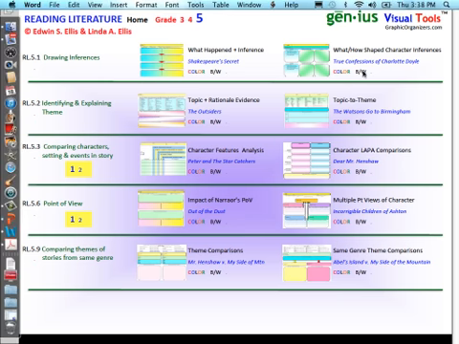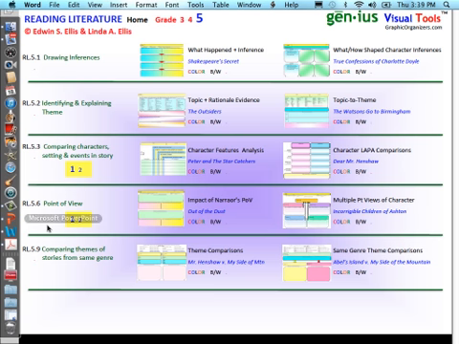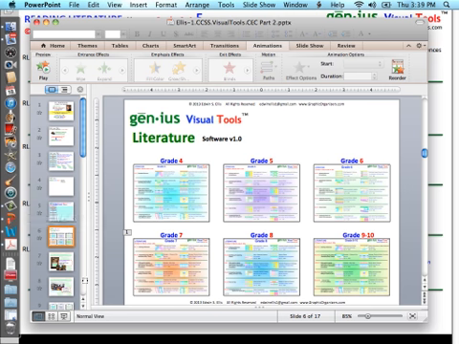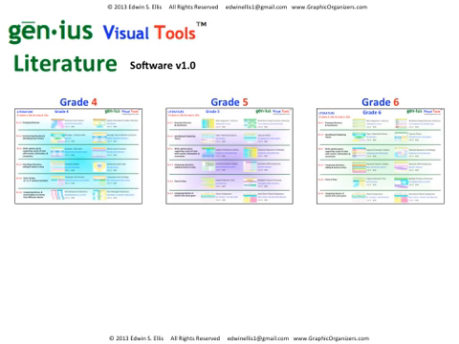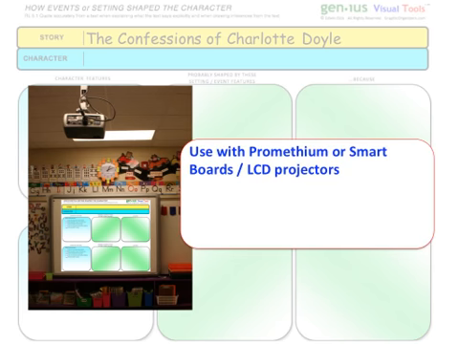Oh, if I click on BW, that simply stands for black and white, because they're black line masters of these, and so forth. Now, the reason why we have both color and black and white versions of these is because when you're using these with things like a Promethean board or smart boards or LCD projectors, it's really good to have the color, because obviously color is a lot more interesting than black and white and that sort of thing.